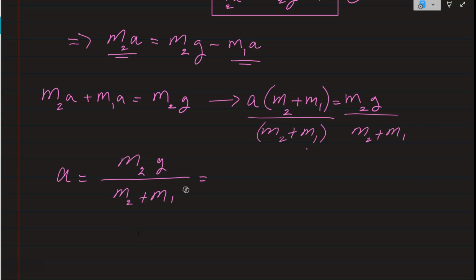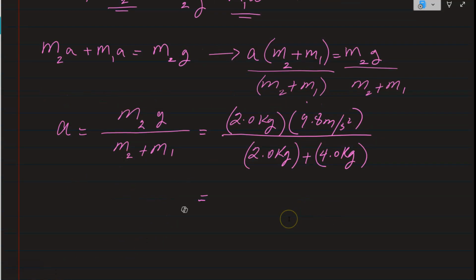We're going to substitute the values for M2, M1 and G and then do the calculation. Here's a direct substitution, and the final answer will be 3.27 meters per second squared. And yes, it is the same acceleration as the last question, but it's just by coincidence that happened.